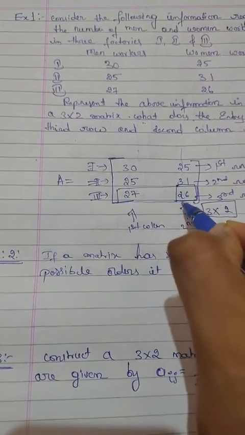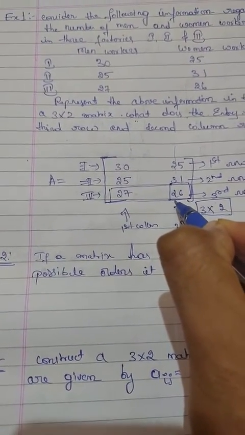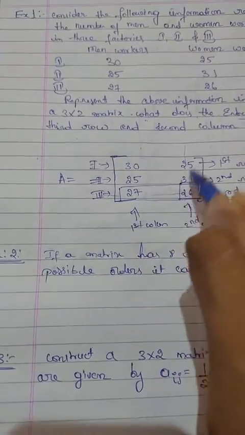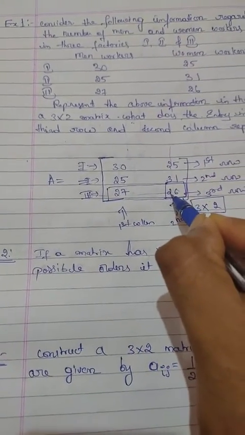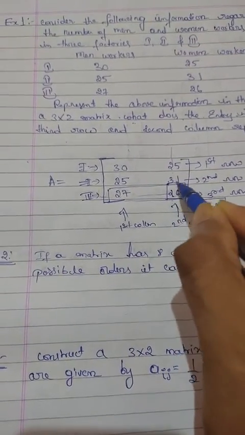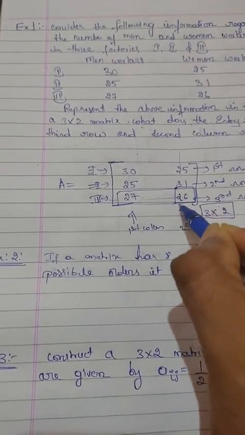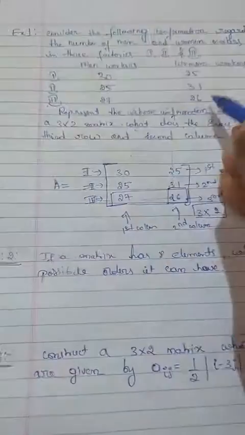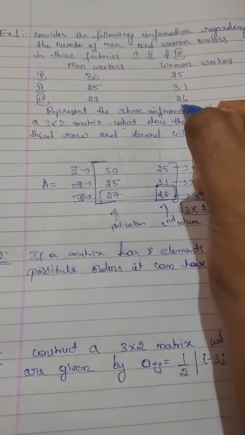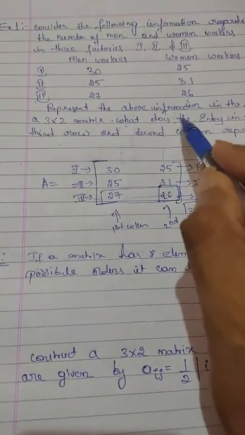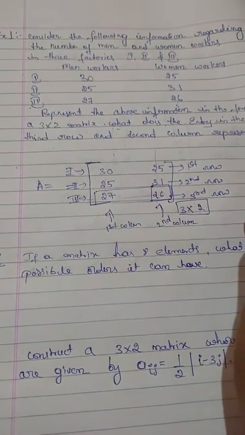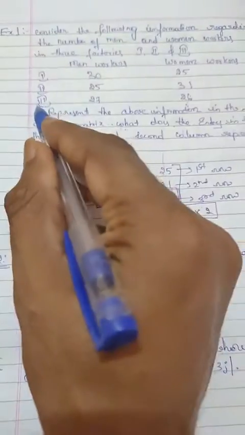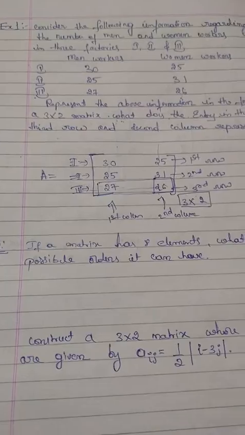So what is this value? It is the worker in the third factory, and the worker is a woman worker. So the answer is: women workers in the third factory, that is 26.